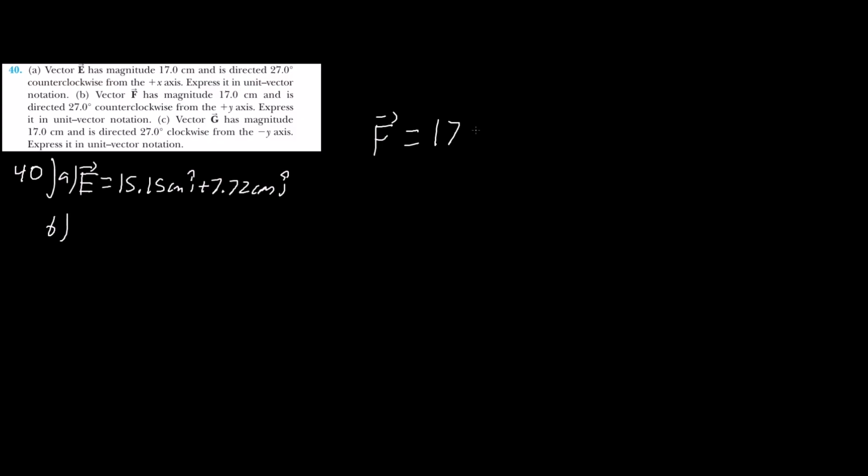So this is going to be 17 centimeters cosine of 117 degrees, and I did add that to 90, so that should take into account the negative component, because it's 27 from the y-axis counterclockwise, in the I hat direction plus 17 centimeters sine of 117 degrees in the J hat direction. So I'm just going to put those in the calculator and write those components down.